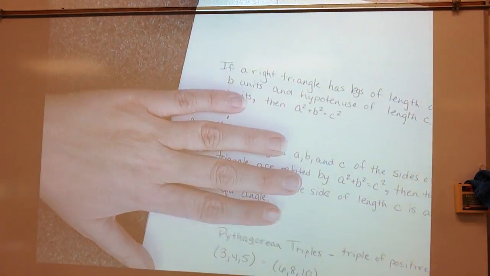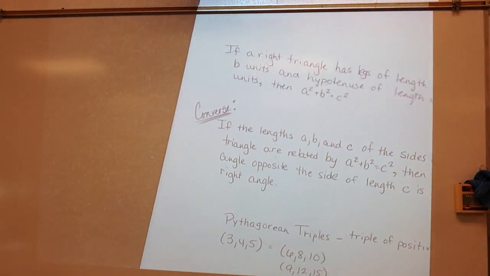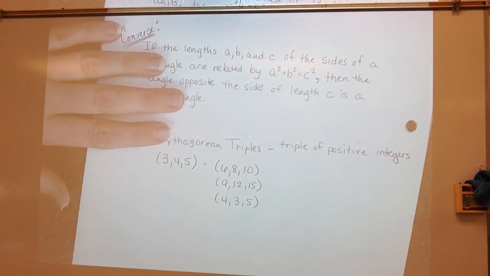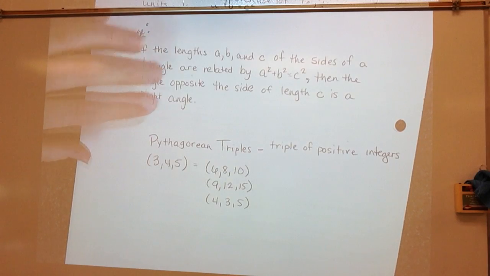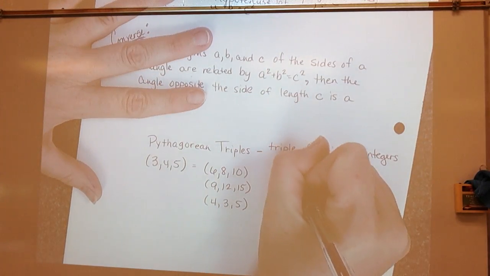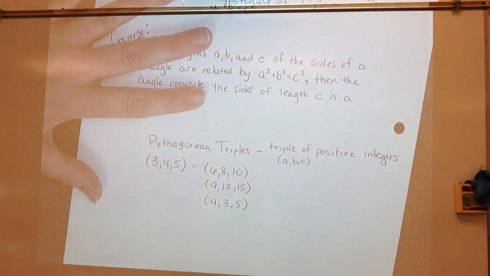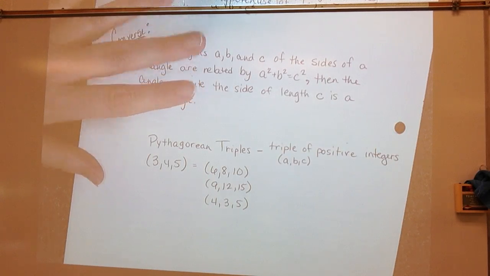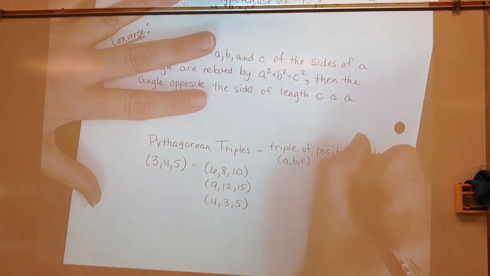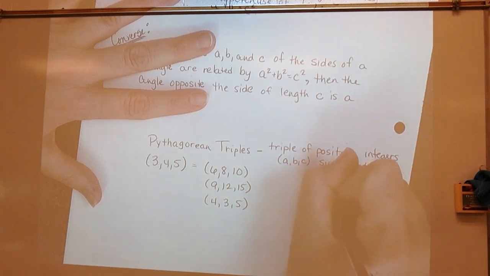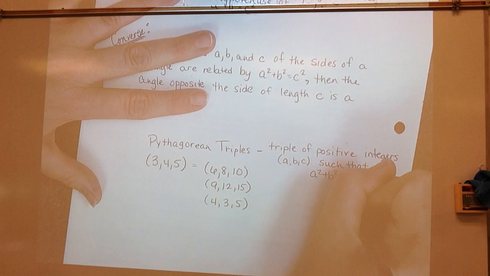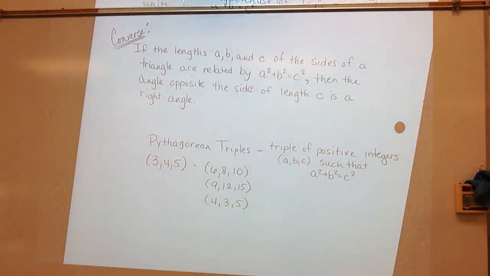Make sure you write it down. Gotta get my camera so that I can actually scoop my paper. We're going to just say those are A, B, and C, such that A squared plus B squared is going to be equal to C squared. Okay?